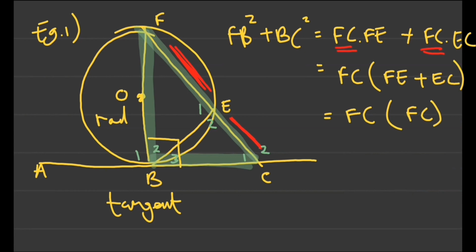So basically you have FC times FC, which is FC squared. In conclusion, this means that FB squared plus BC squared is equal to FC squared. And this is the Pythagorean theorem. And you've basically proven Pythagoras' theorem using similar triangles.